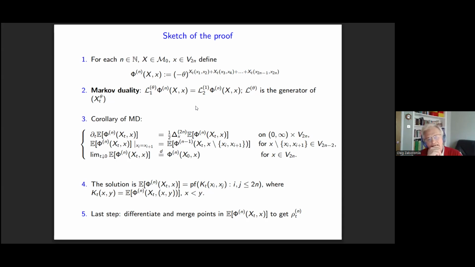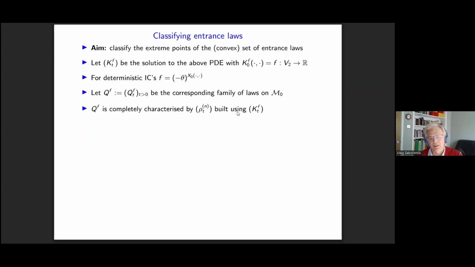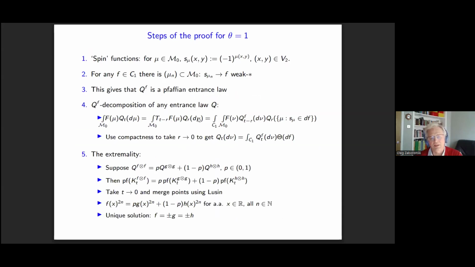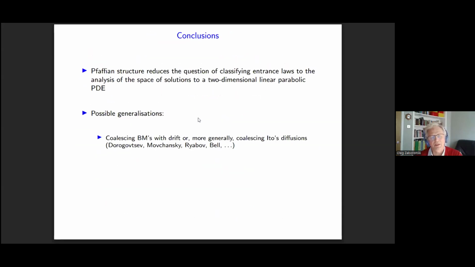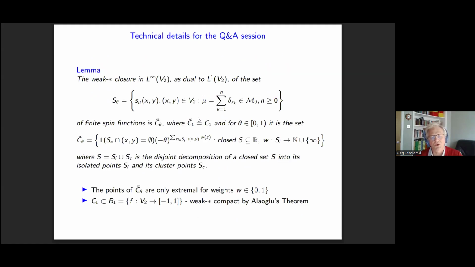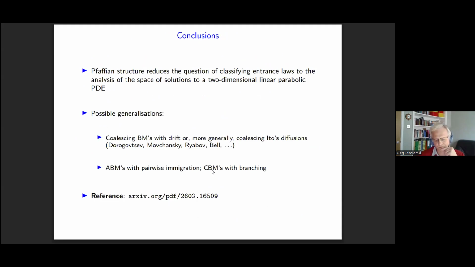And it turns out that for all the cases which are listed in the conclusion, except for the model with drift, the generators of these models lie in the so-called Hecke algebra.